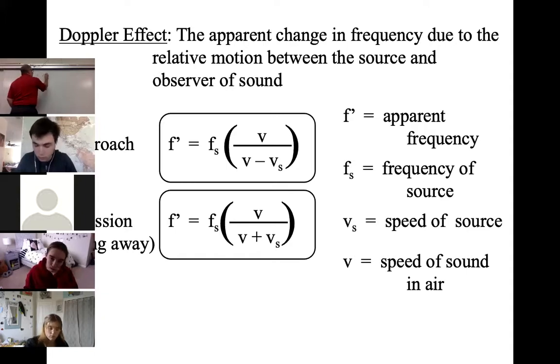F prime is equal to F sub S times V over V minus V sub S. It's a complicated looking formula, but it's not as scary as you might think, okay?